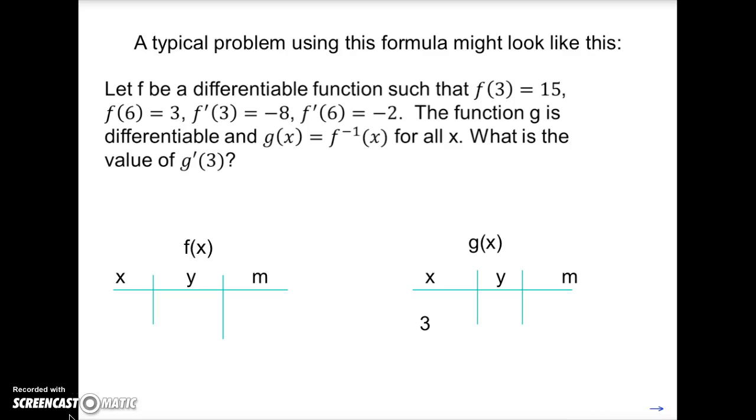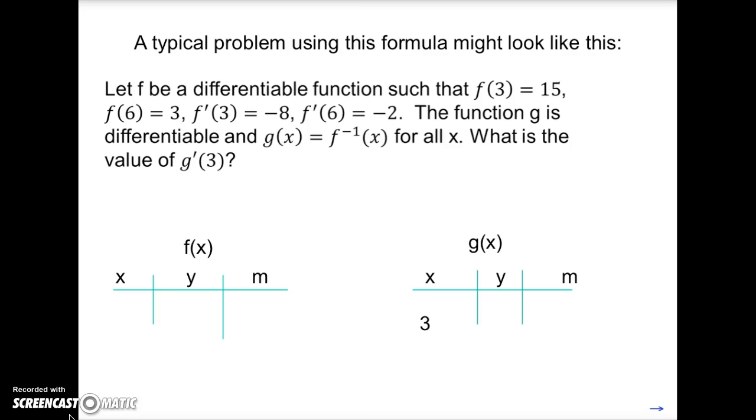So when I have a question like this to answer, I make 2 separate little t-charts, well, a 3-part t-chart, for the 2 different functions involved. The 2 functions in this problem are f, the function I know a lot of things about, and g, which is the inverse of f. And then the first number I fill into this t-chart, I've been asked to find g prime of 3.